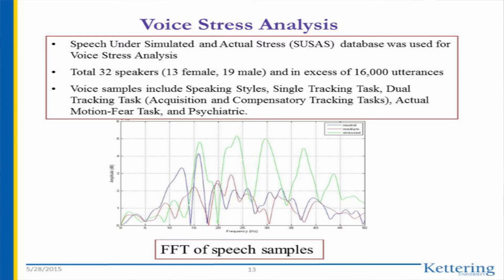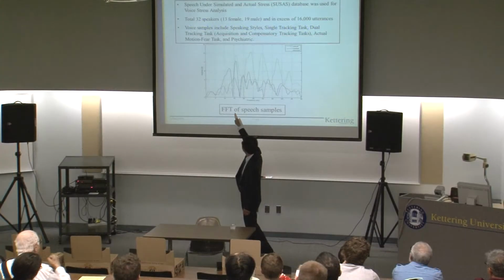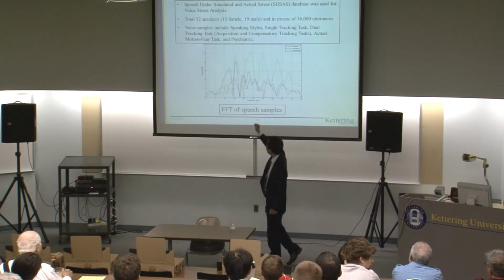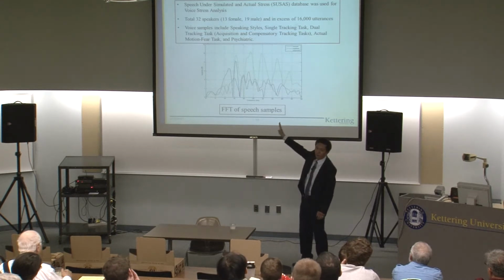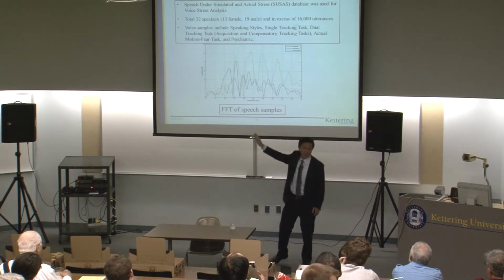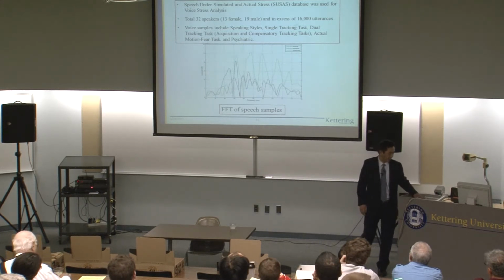The neutral is depicted by the blue, the medium stress is depicted by magenta, or kind of maroon, and the highly stressed signal is depicted by green. Originally, this blue signal, the microtremor, is right around 10 to 12 Hertz or so. And when the person is under stress, those microtremors get shifted. Okay, shifted. I'll give you a little bit more example.